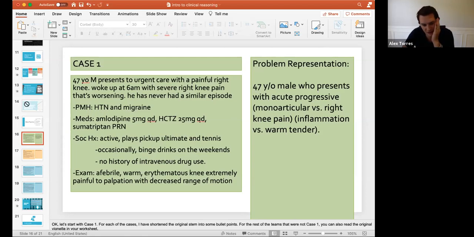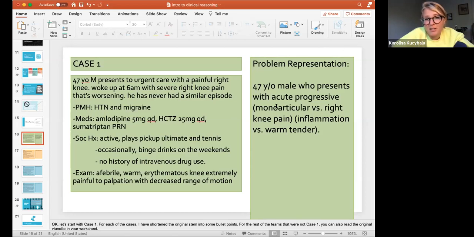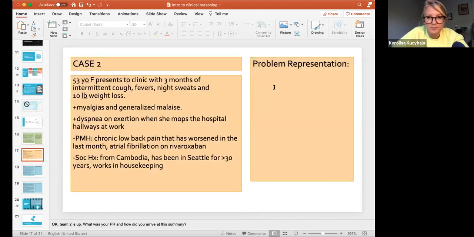But I could see why you would not potentially put it. Yeah, I hear that. And even maybe the acute part, right? The fact that it's acute progressive, you don't think of osteoarthritis that much. Though I see the bed sheet sign of the gouty toe is pretty classic. So you're right. As you can see, the point from each case is that depending on what you include, it changes your differential, which is the whole point. Okay, so thank you, group 1. All right, let's go to case 2. What do we got?